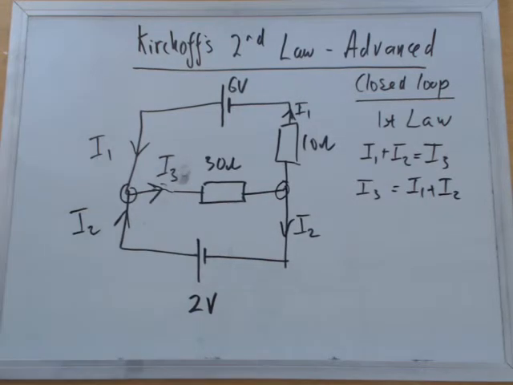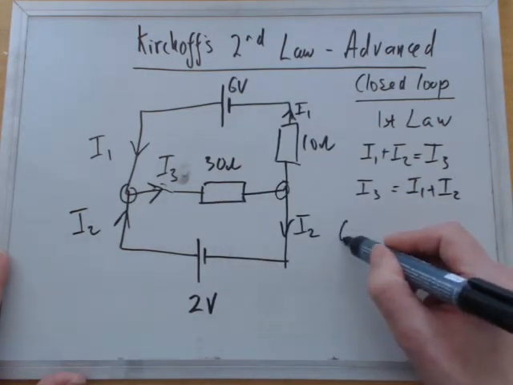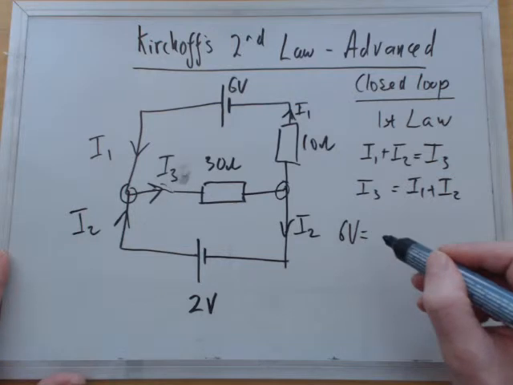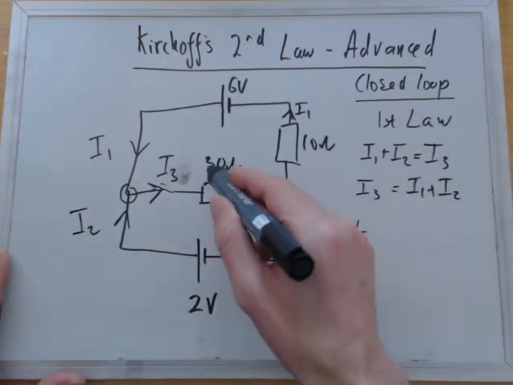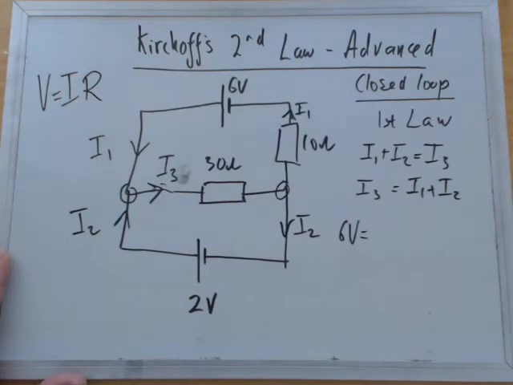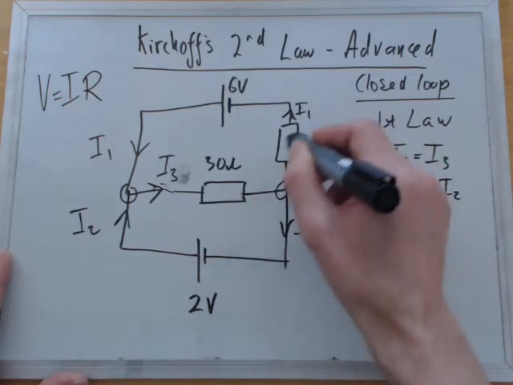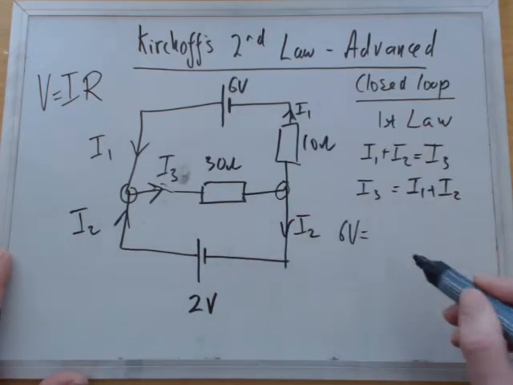Now, let's go for the first closed loop, which should be the top one here. We can have the sum of the EMFs. So we've just got one EMF in that closed loop. We can have 6 volts must be equal to, well, because we know that V equals IR, an expression from Ohm's law, so 6 volts in this closed loop, well, there's a potential difference across there and a potential difference across there.